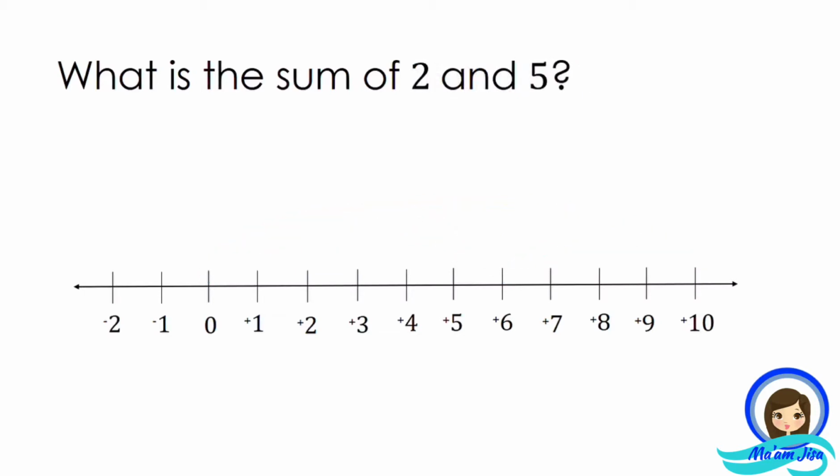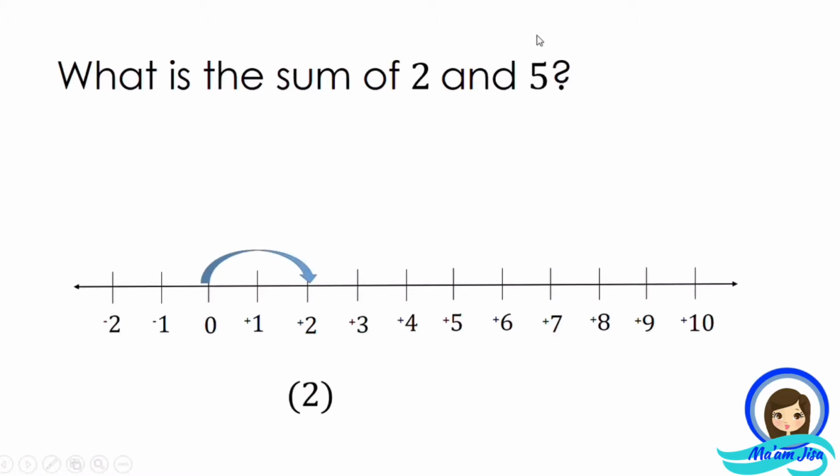What about the sum of 2 and 5? Numbers without any plus sign are considered positive. Hence, the direction of these numbers in the number line is going to the right. So to start, we draw our first arrow from 0 to 2, and that is 2 units to the right.